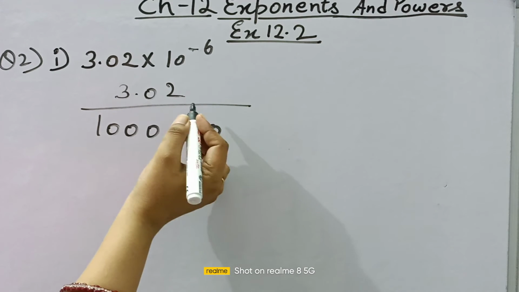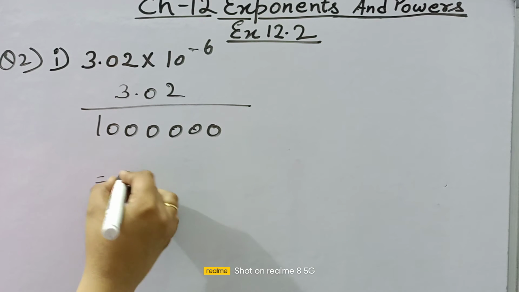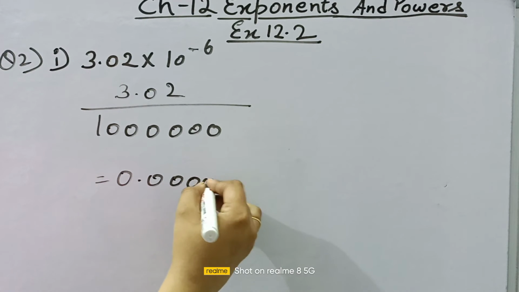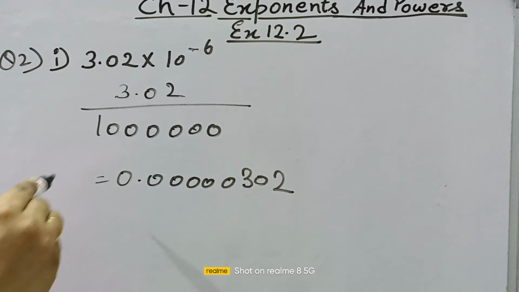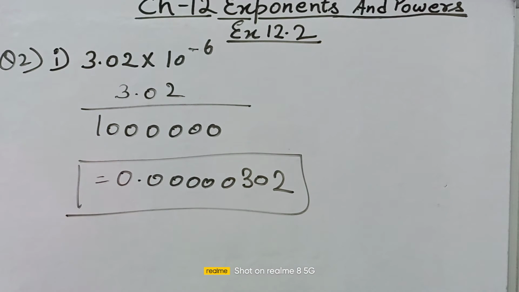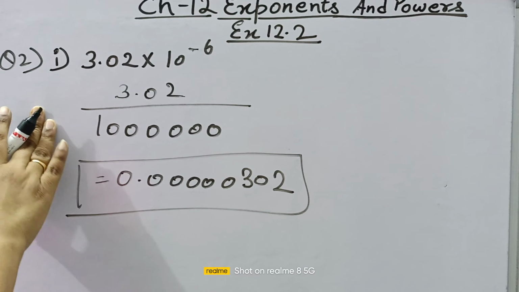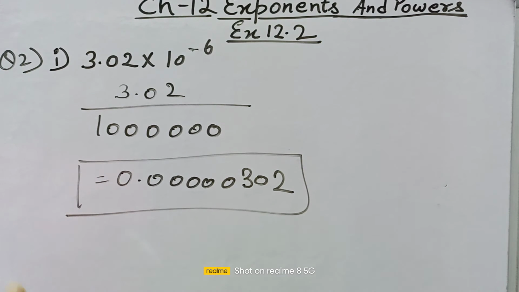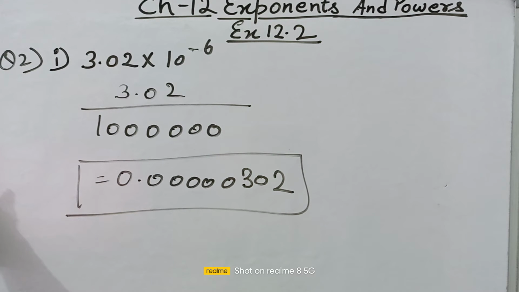Now you can divide 3.02 by this number and you will get this number. So this is also your usual form. Both are the same method. When you want to write standard form, you shift your decimal to the right hand side. When you want to write usual form, you shift your decimal to the left hand side. Let's see another part.